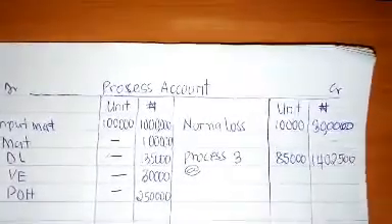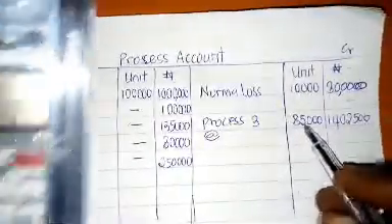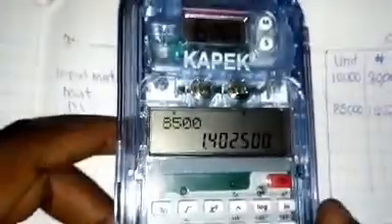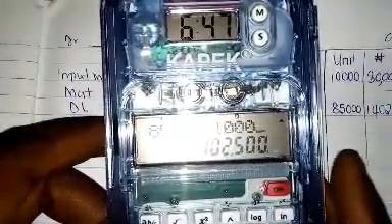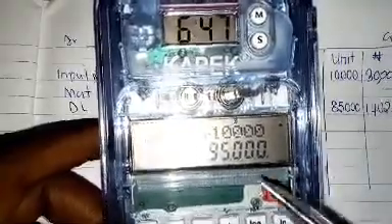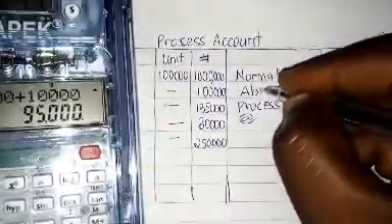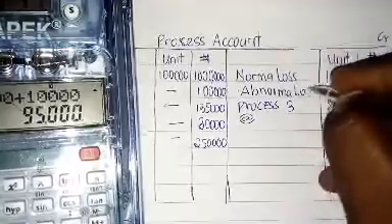So we have 1,402,500. Then when you add 85,000 units plus the 10,000 units of normal loss, you have 95,000.